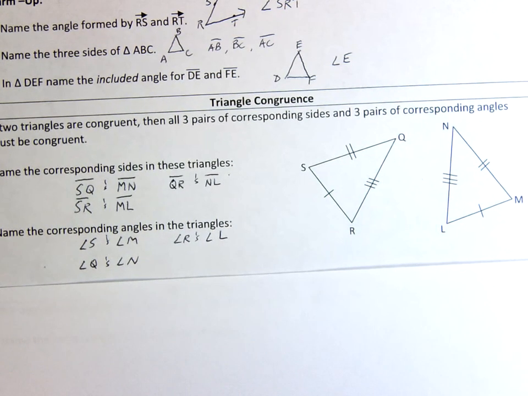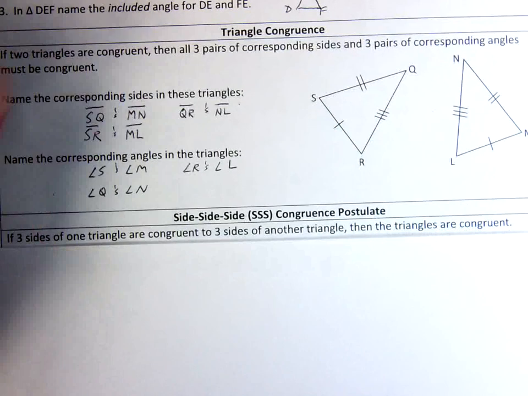If you want to show triangles are congruent, you must show that all your corresponding angles are congruent, and all your corresponding sides are congruent. With that Deltas daily activity, we tried to show you guys that there's shortcuts that we can take. So we don't have to show that all the sides and all the angles are congruent. We can do what is called side-side-side.